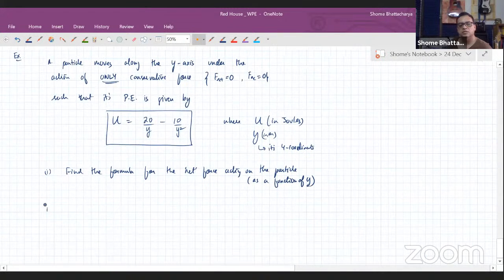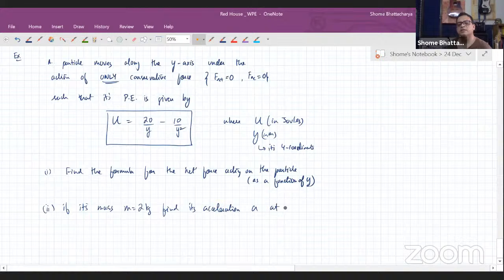And secondly, if its mass is equal to 2 kg, find its acceleration at the y coordinate equal to 1 meter. When it's at the y coordinate equal to 1 meter, how much is the acceleration? In fact, let's do two parts.